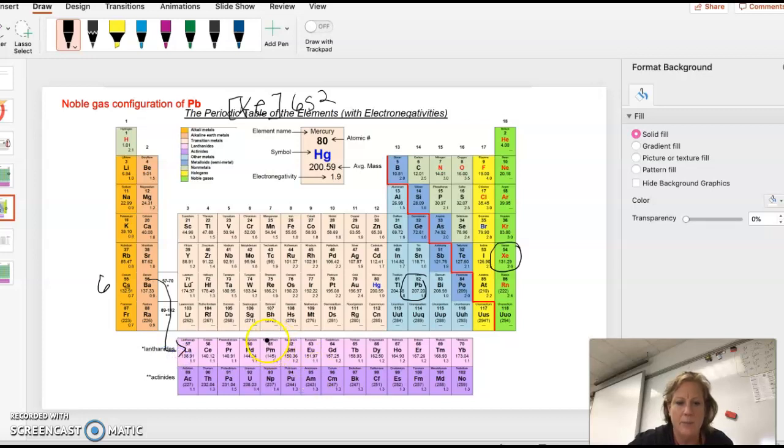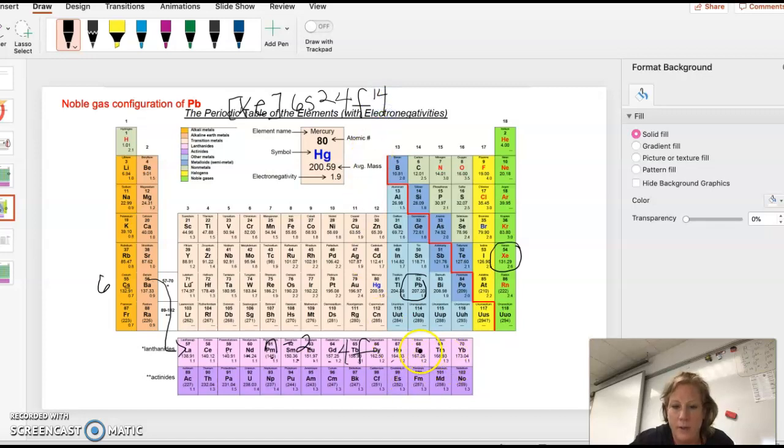And remember, these guys were n minus 2. So this is really the 4f. And remember, f has 7 orbitals, which can hold up to 14 electrons. So this part of the periodic table is 14 elements wide. So I would go down and then fill that 4f next.